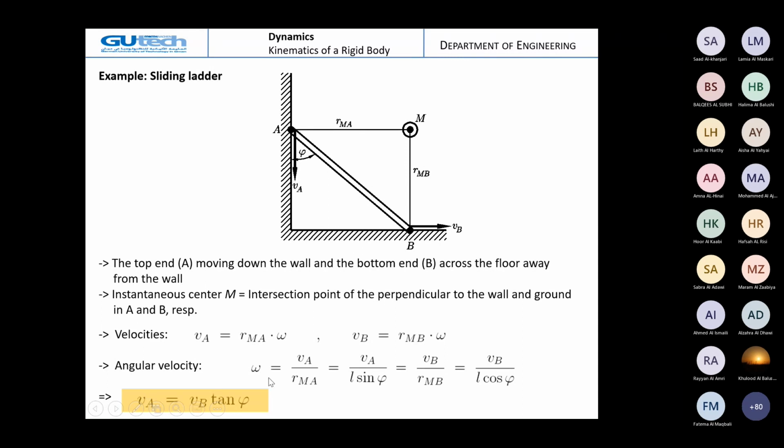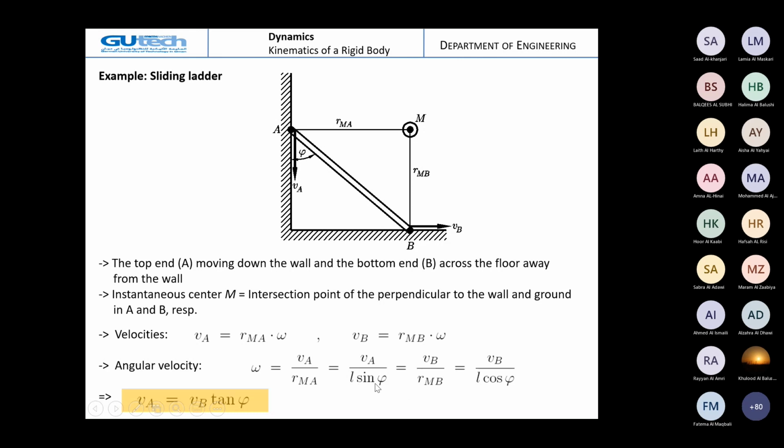The angular velocity omega is taken from this relation, VA divided by RMA, which is VA over L sine phi.